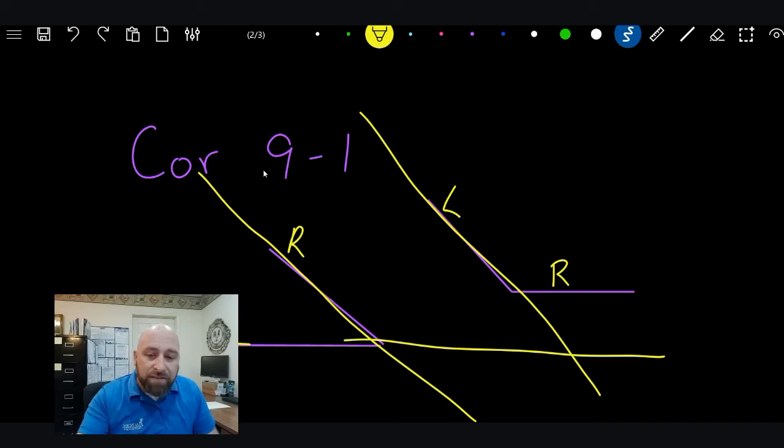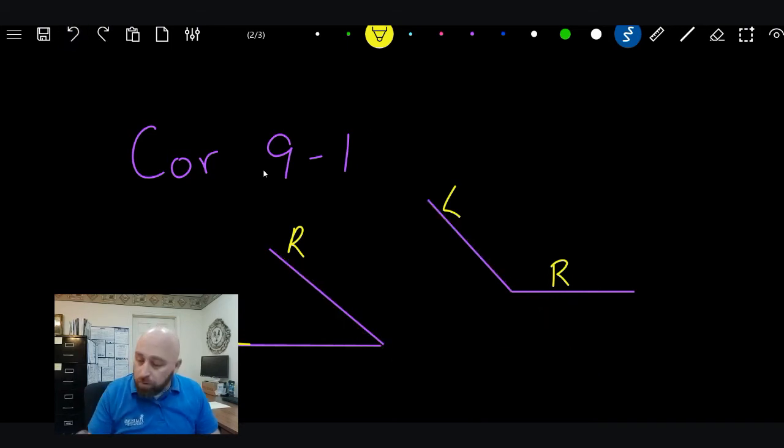When we have that, here's what Corollary 9.1 says. If they are parallel right to left and left to right, which is what we have here, then the angles are supplementary, or they equal 180.